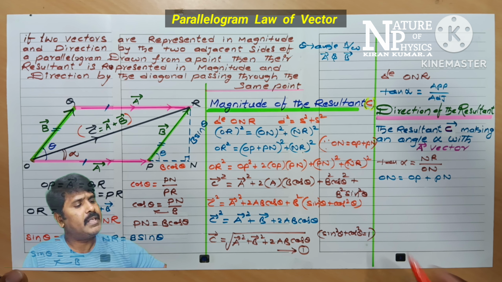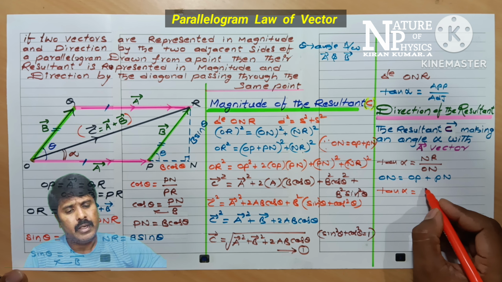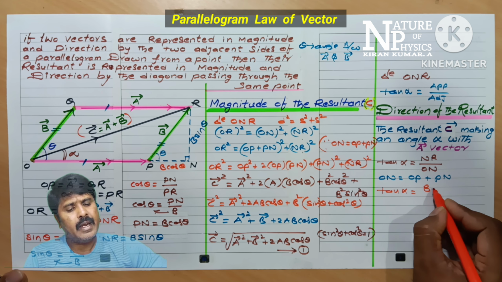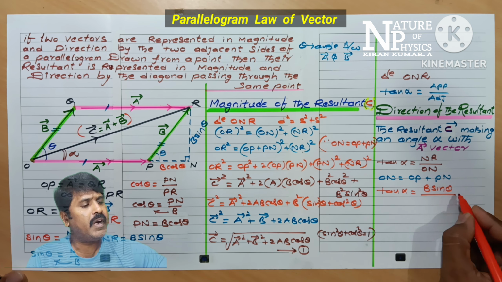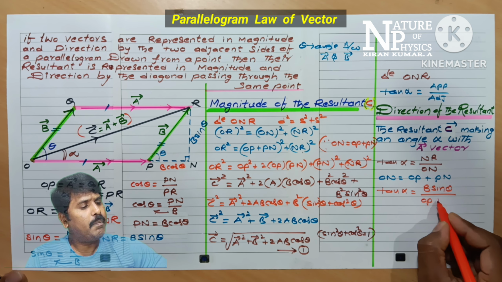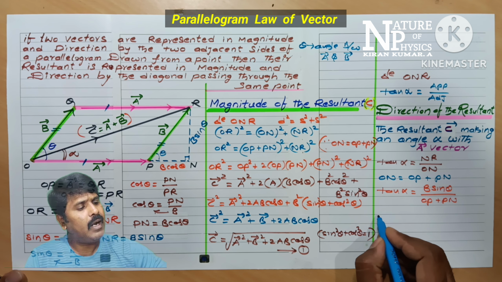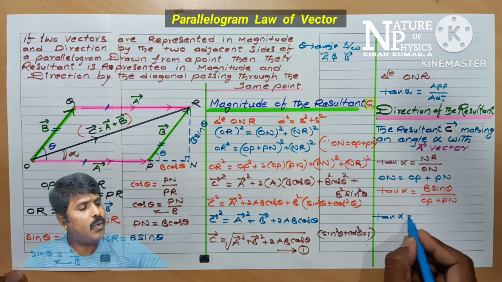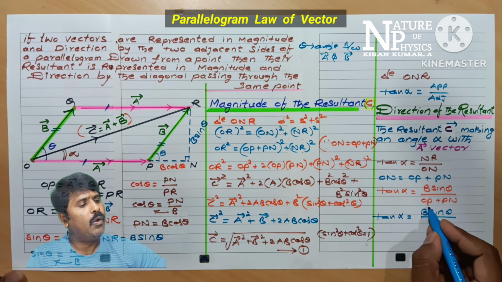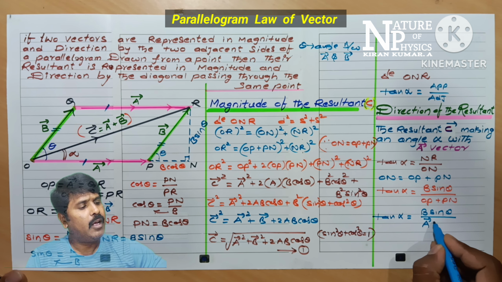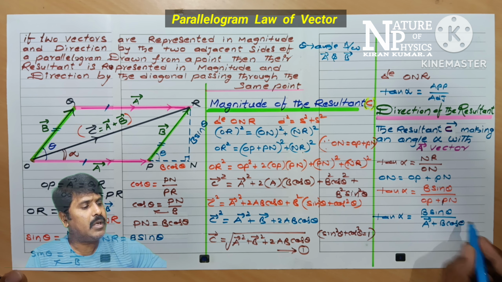Okay, and replacing, tan alpha is equal to the NR value, B sin theta, divided by OP plus PN, student. And the next step is tan alpha is equal to B sin theta divided by the OP value, A bar, plus the PN value, B cos theta, student.